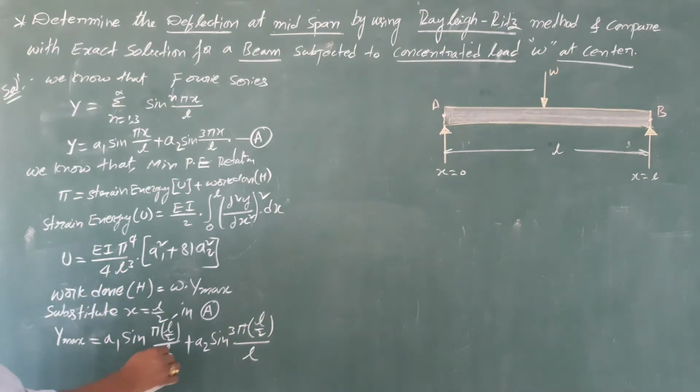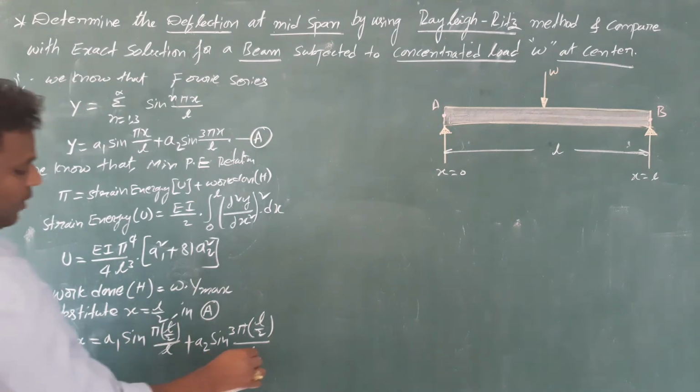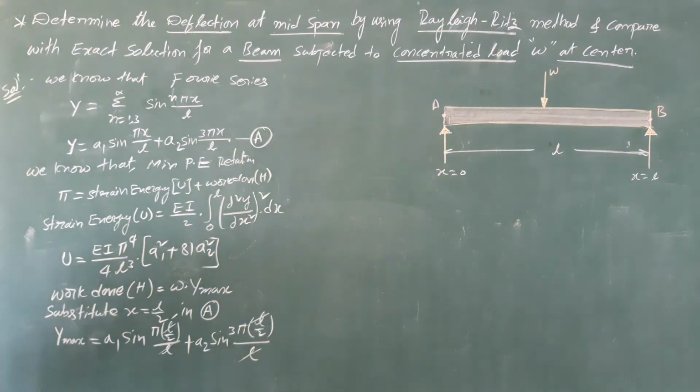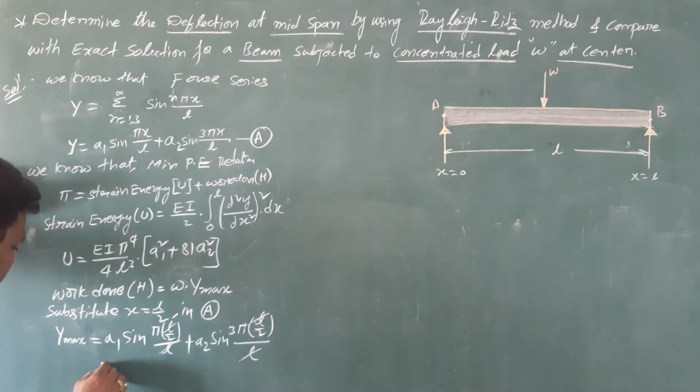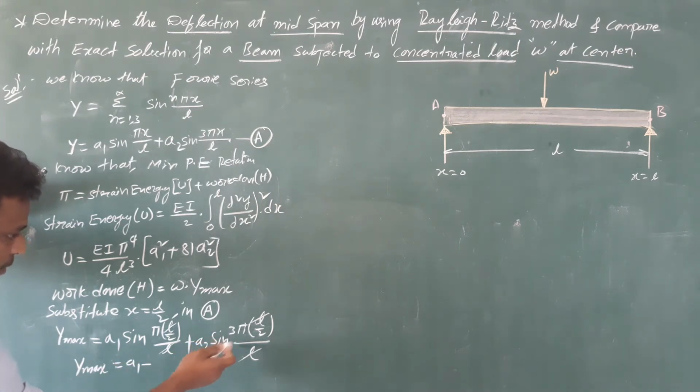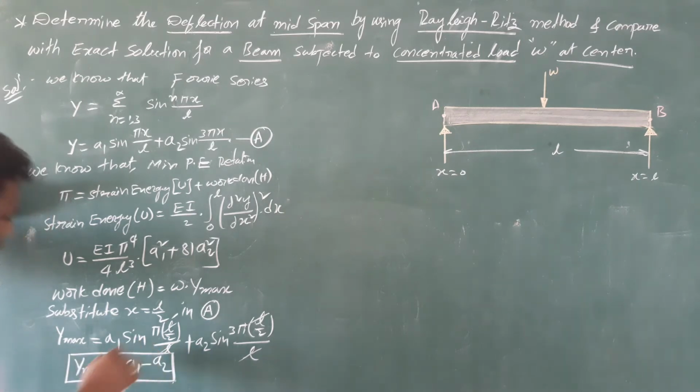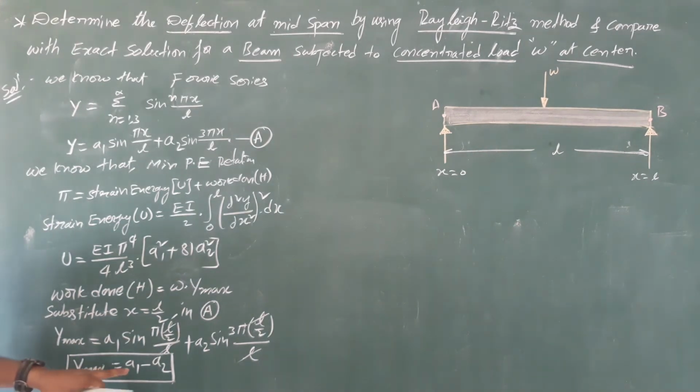Here L cancels, and here also L cancels. Sin π by 2 is 1, sin 3π by 2 is minus 1. Then y max becomes a1 minus a2. So we got y max is equal to a1 minus a2.